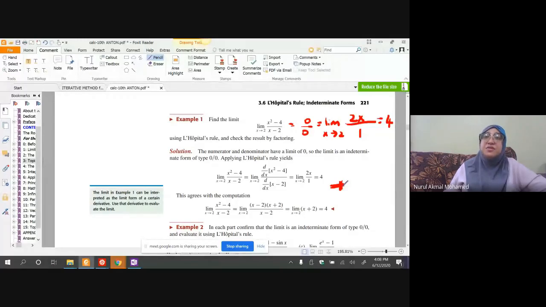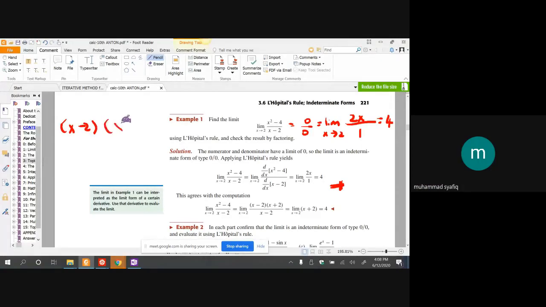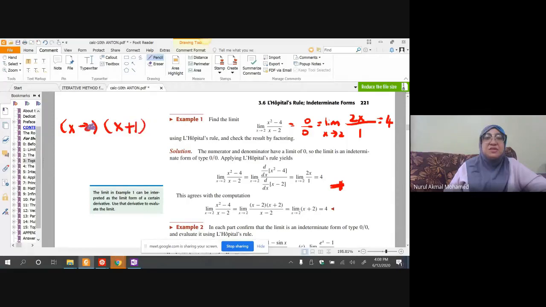So if you don't want to use L'Hopital rule, you might want to simplify these expressions. Okay? So x to the power of 2 minus 4 is actually x minus 2 multiplied with x plus 2. You divide with x minus 2.